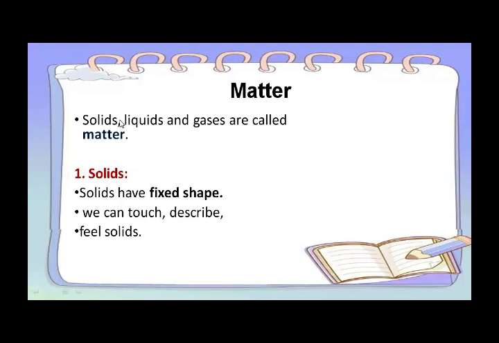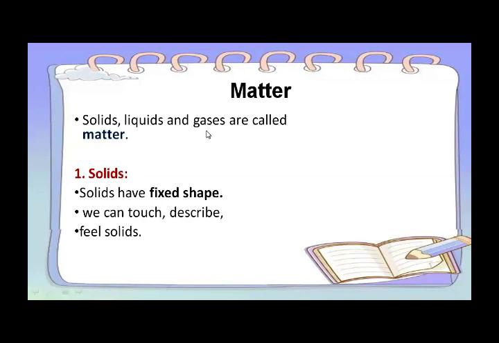Like you are using your mobile phone, your laptop, table, chair, these things are solid. And if you are drinking something, coffee, tea, juice or water, these things are liquid. And gases are everywhere around us.